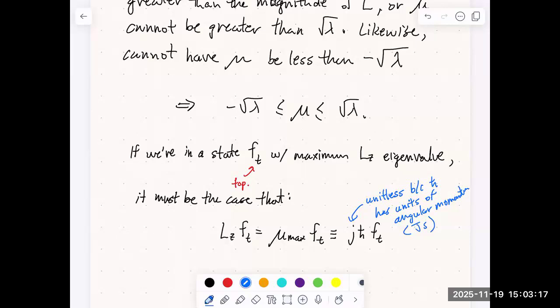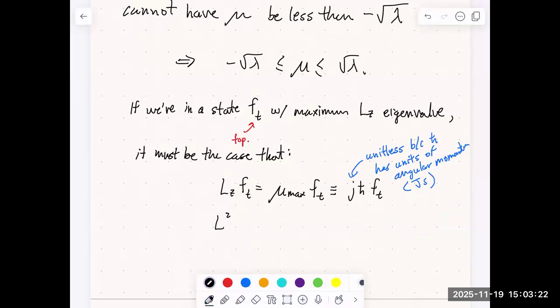All right, fair enough. And then if we took L squared and act on f top, we just get whatever the eigenvalue is. We called it lambda times f top. And the other thing that we require is that we cannot raise the Z component of the angular momentum anymore. We're already at its maximum value, so this has to be 0.